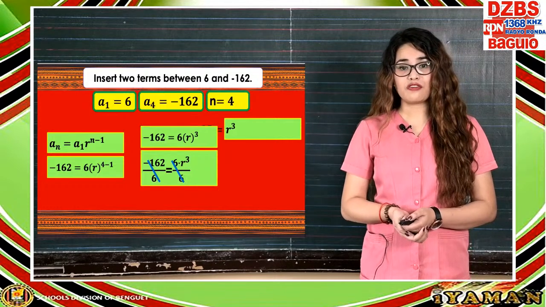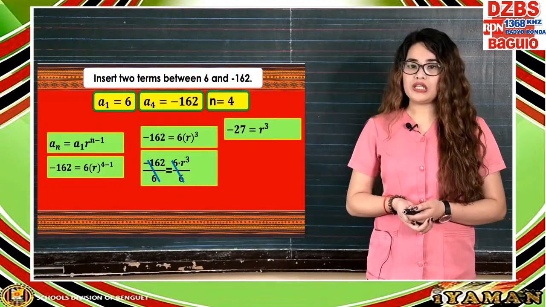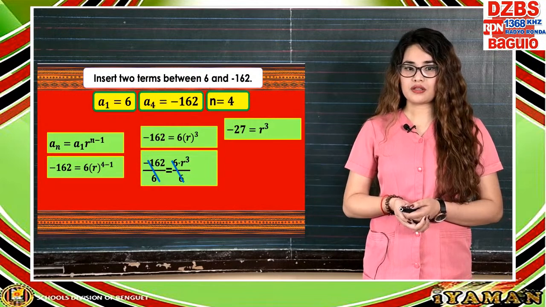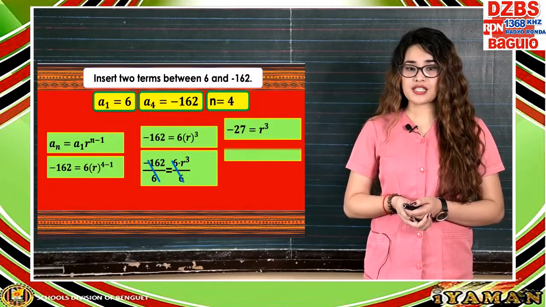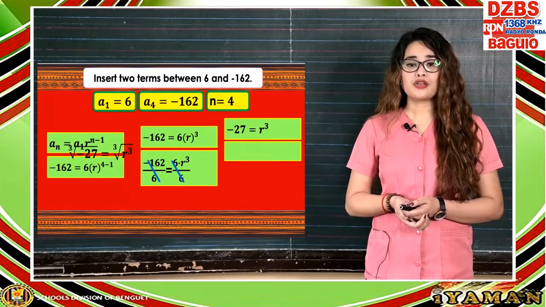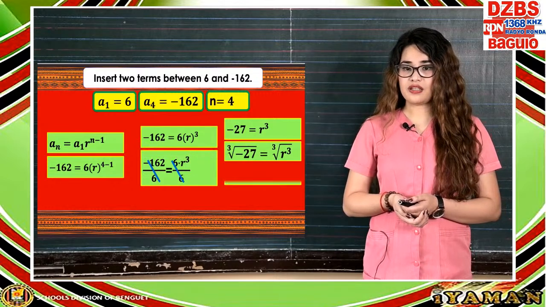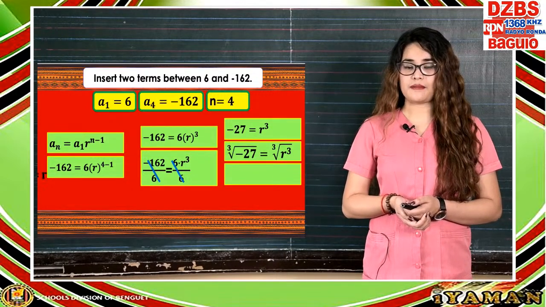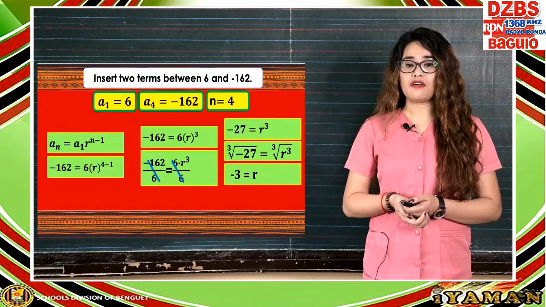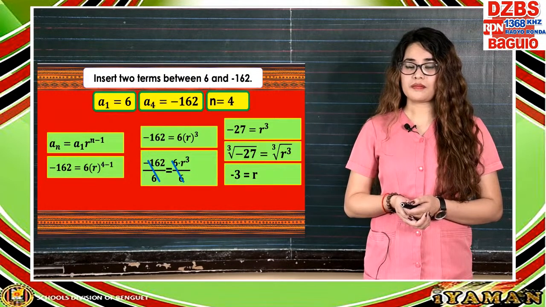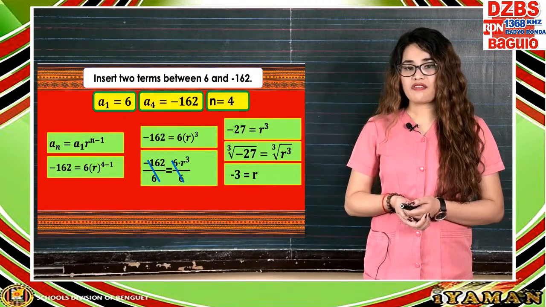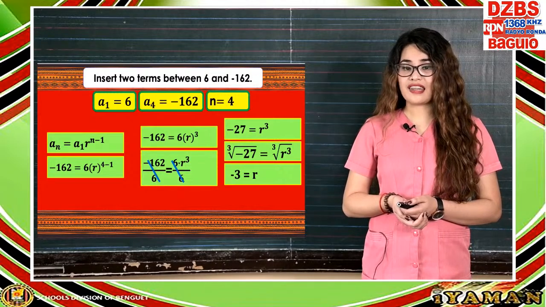Now, to solve for the value of r, we need to extract the root. Take the cube root of each side. The cube root of negative 27 is equal to negative 3. The cube root of r cubed is equal to r. Therefore, the value of r is negative 3.